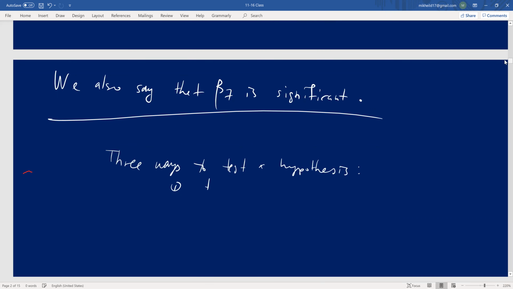Based on test statistic. Second is p-value. Third is confidence interval.